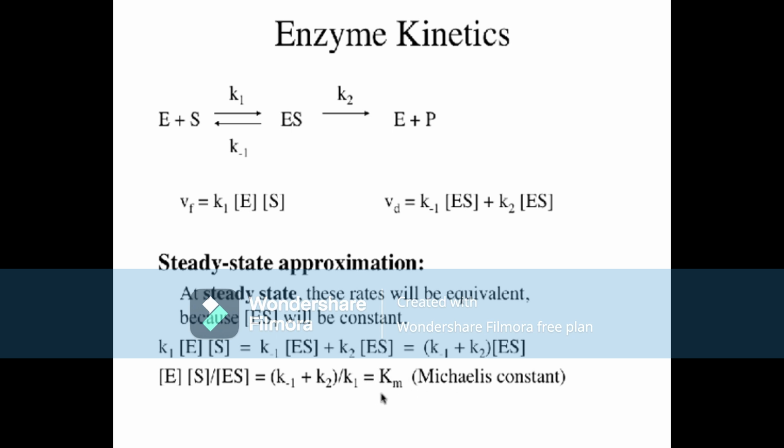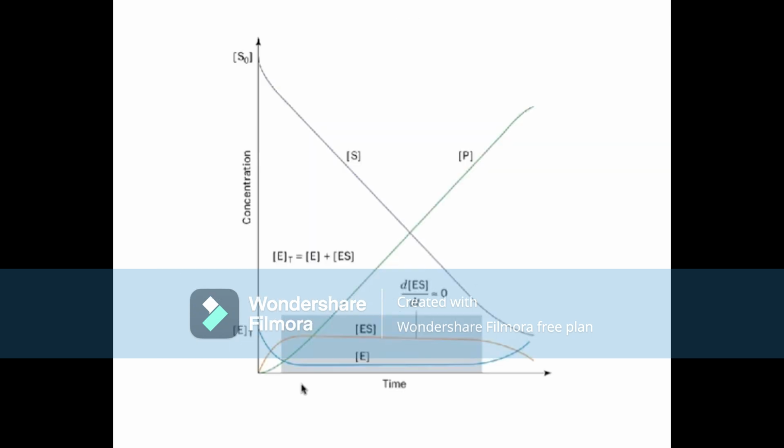You notice it looks like an equilibrium constant, right? It looks like a dissociation constant, where enzyme substrate is going to enzyme plus free substrate. But as you'll see, appearances can be deceptive. It behaves that way, but it's not what the dissociation constant is.